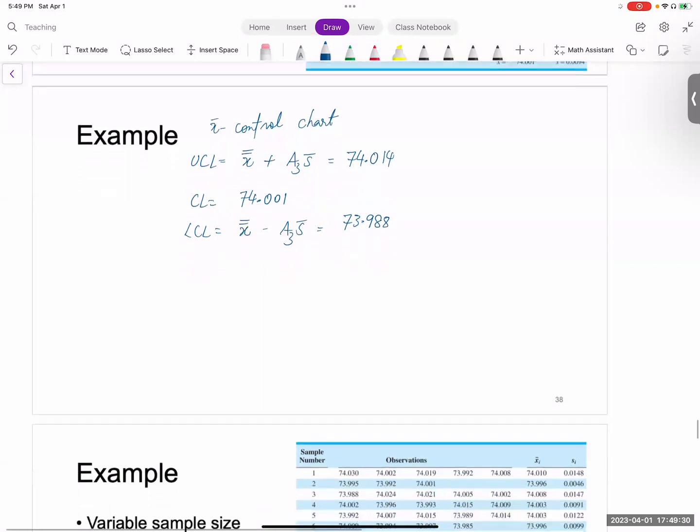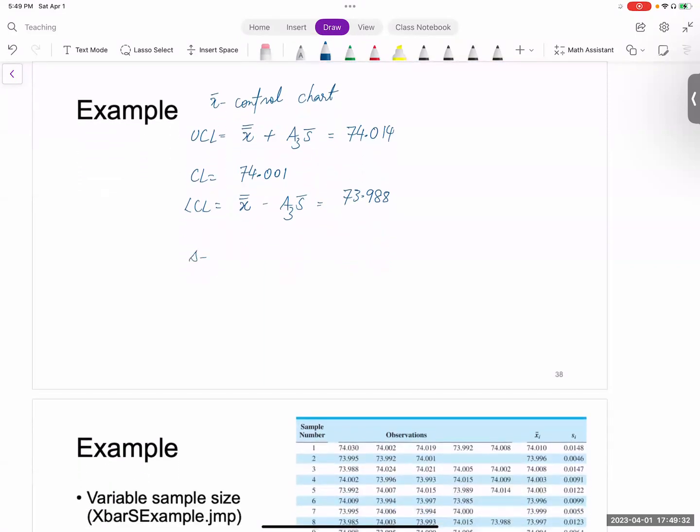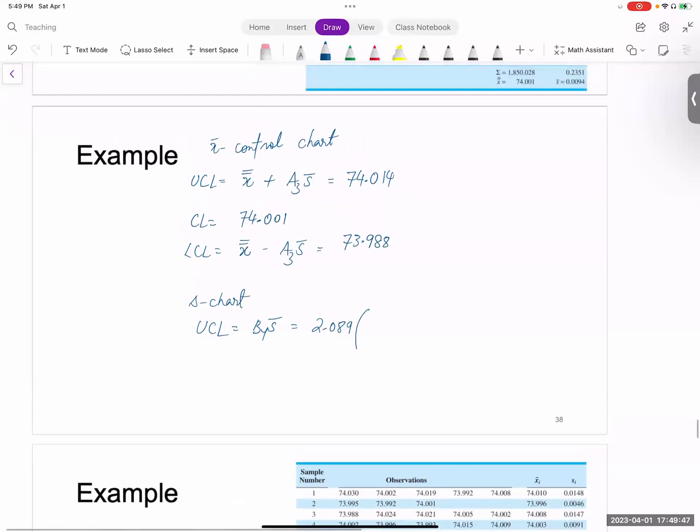Now we can also compute our S chart. For the S chart, UCL is equal to B4 times S bar, which is 2.089 times S bar, which is given in your table as 0.0094.